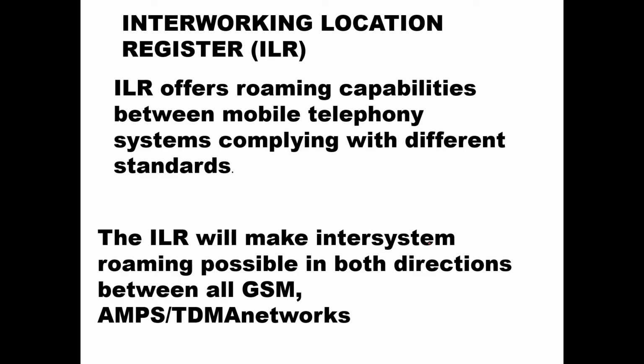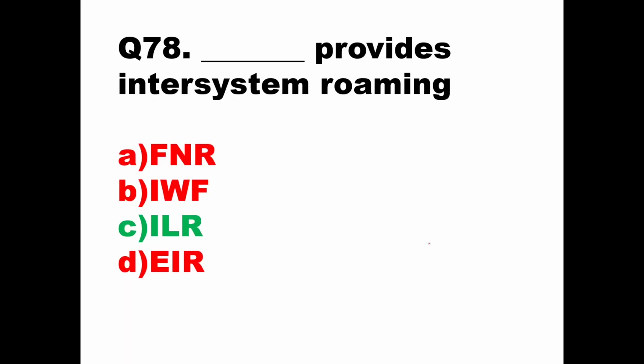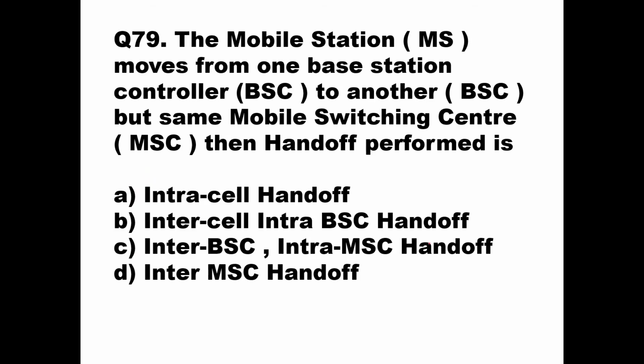ILR offers roaming capabilities between mobile telephony systems complying with different standards. The ILR will make intersystem roaming possible in both directions between all GSM, AMPS, TDMA networks. So the answer will be interworking location register, ILR. So here option C will be the right answer. Then we'll go to the next question.